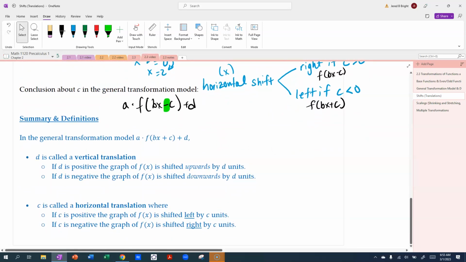Right down here, I've summarized everything that we've talked about. D is a vertical shift, vertical translation. And then C is a horizontal transformation, a shift, left and right according to their values. We'll investigate A and B next.